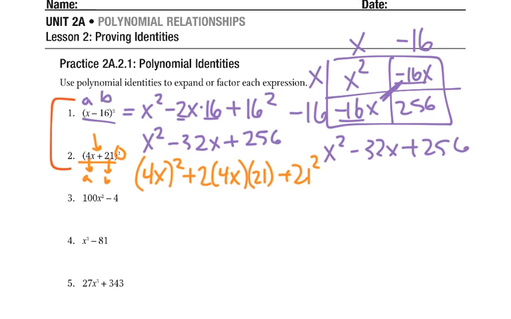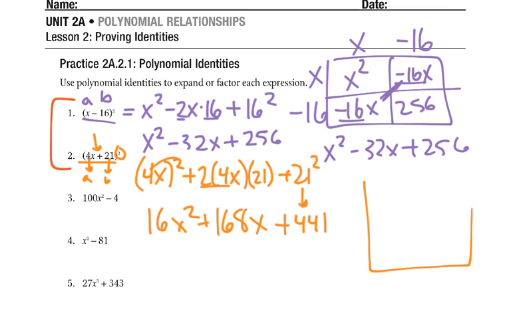Okay. Now using a calculator, we find that 21 squared is 441. Okay. 2 times 4 is 8. 8 times 21 is 168x. And then 4 squared, remember when you're squaring something like that, you square both pieces, so that'd be 16x squared.